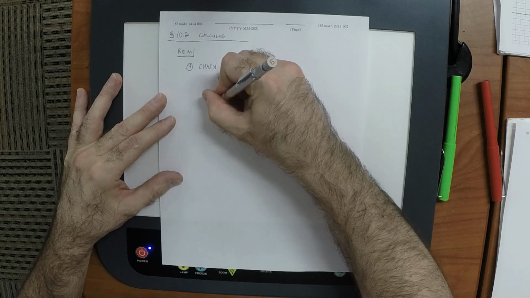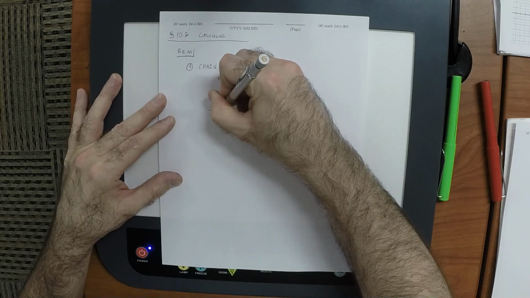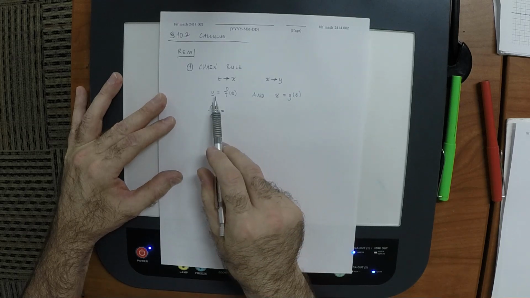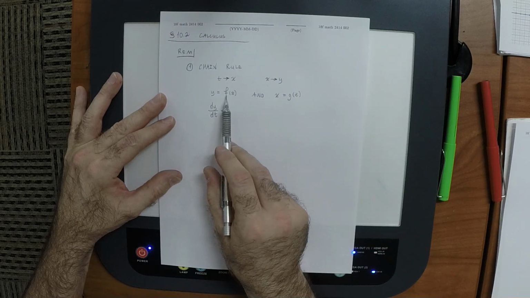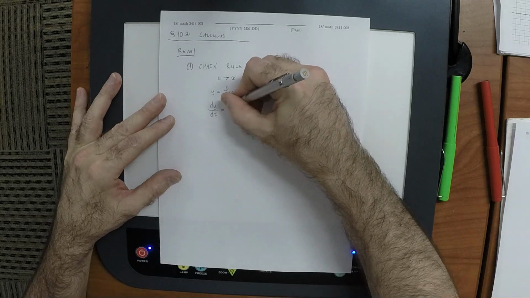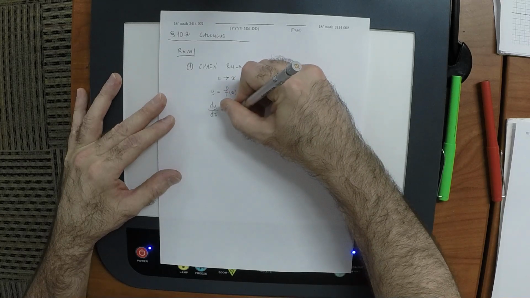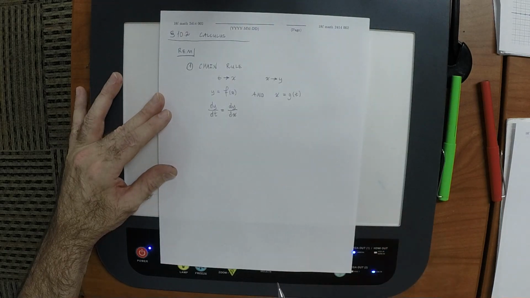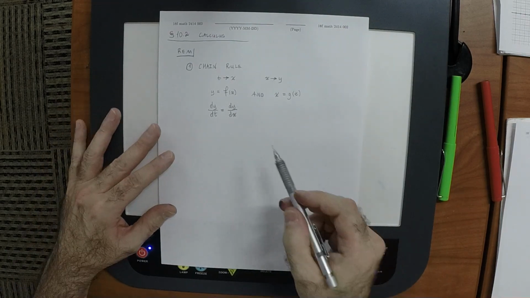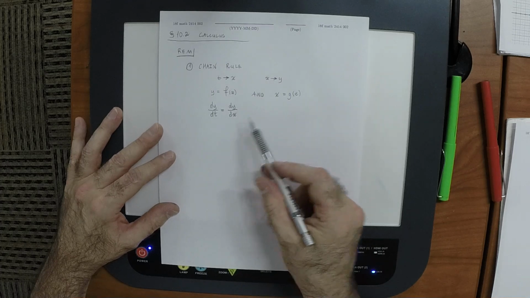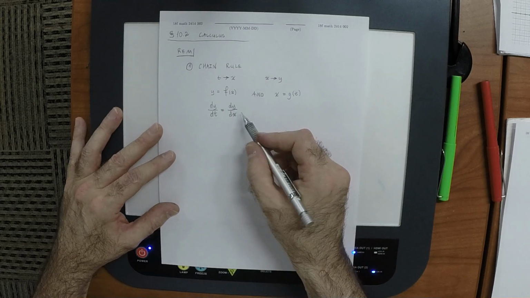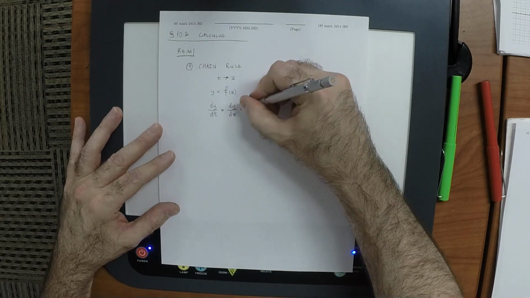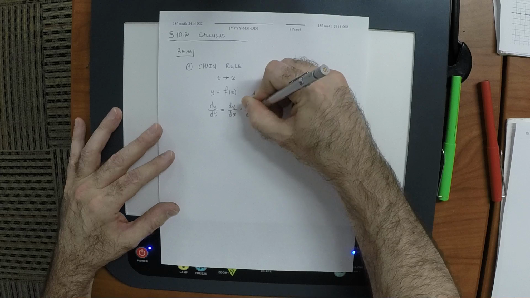So dy/dt would be, according to the chain rule, well, you first differentiate f with respect to x, so you get dy/dx. But now you have to include how this action included changing the t's into x's. So what does the chain rule say? You must multiply by dx/dt.